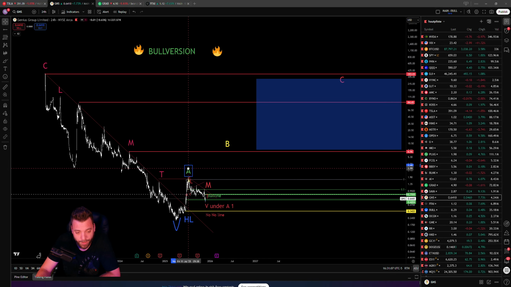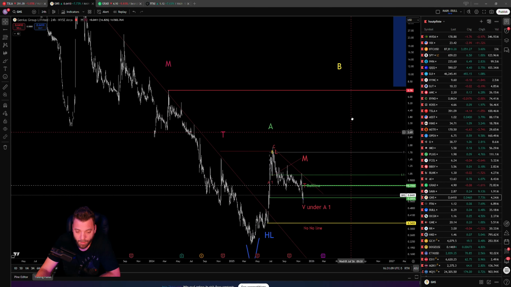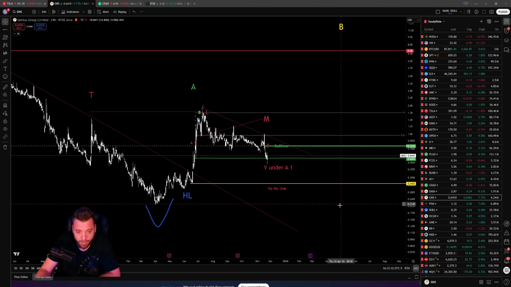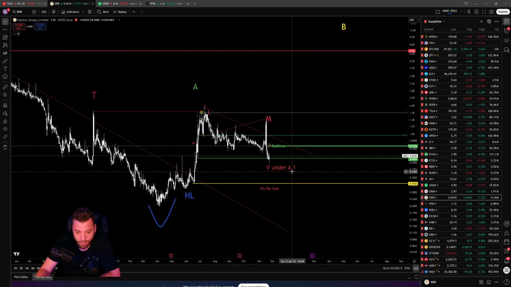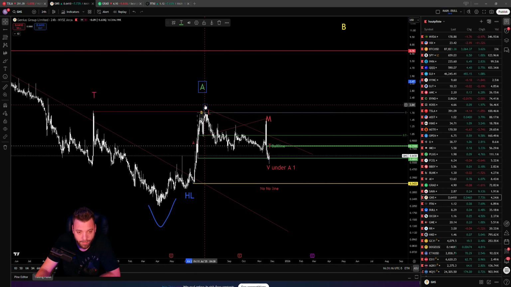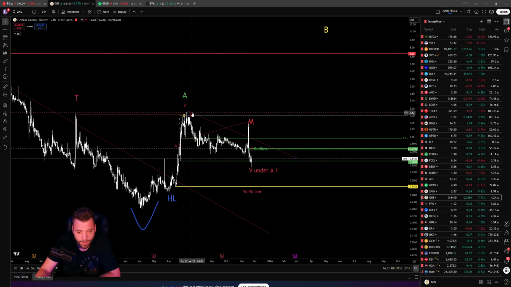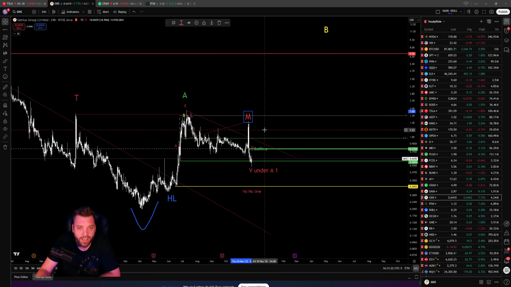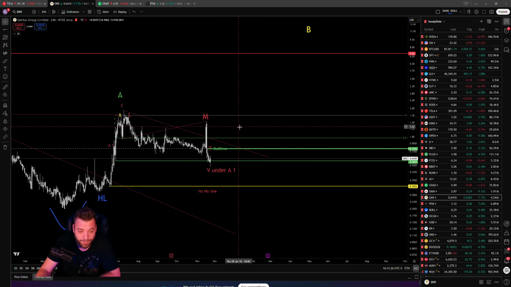We already got our A peak, and this is also our little C peak. Here's our lower high. This little fake candle here is our midpoint.